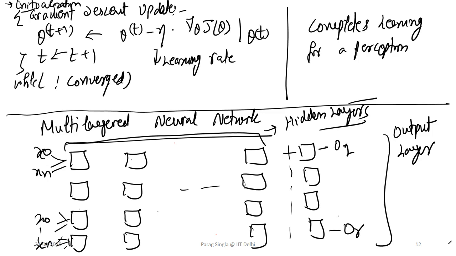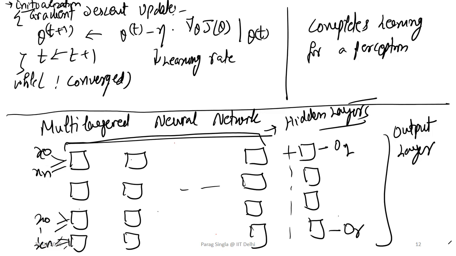These are the inputs, and these are different layers of units, finally leading to an output layer. This is O1 to OR, right?